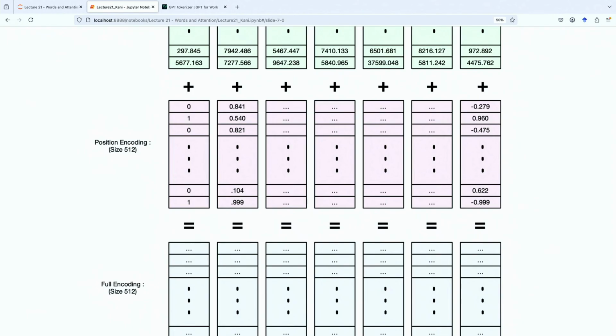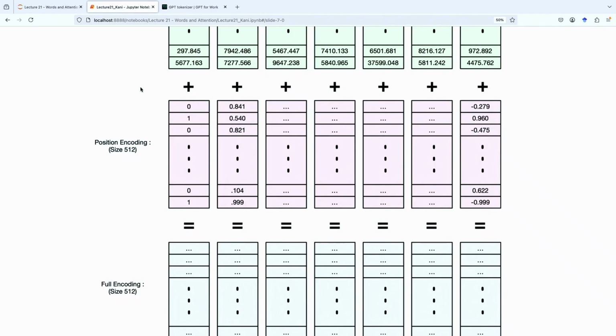And B, if the position encoding is different for every single sentence, then the model's not really learning positions, right? It's learning something else. This position encoding has to be consistent because the model has to learn that these values correspond to this word being the first word of the sentence.